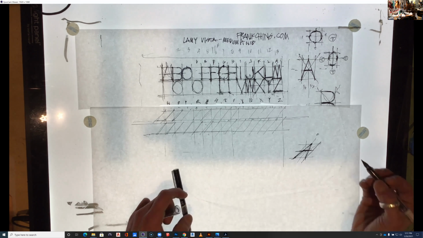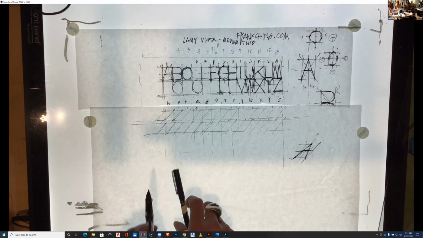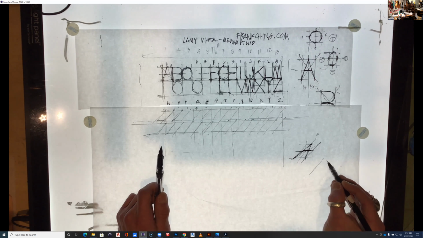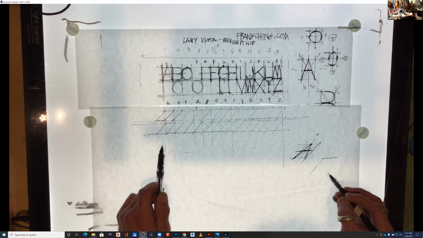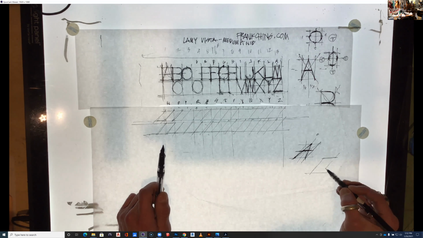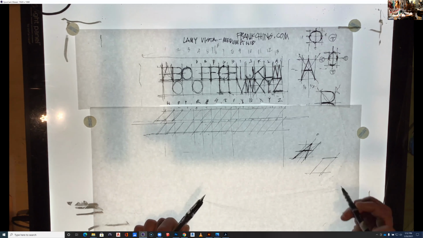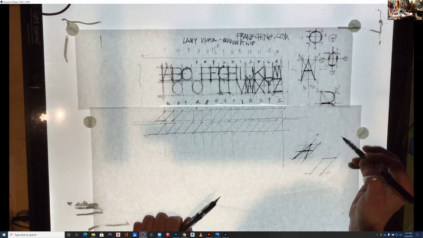So what happens here? For letters composed of lines it is fairly easy, but what happens with curves is much more interesting.